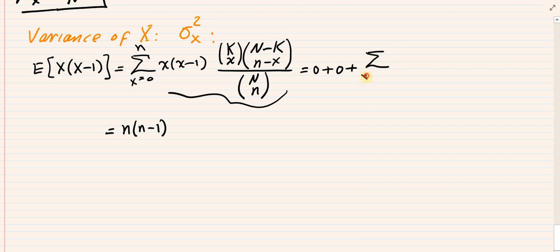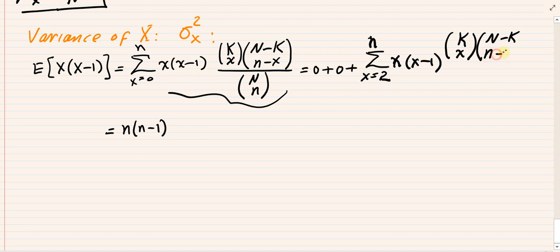So this is like x equals 2 to n, right? 2 to n of x minus 1, and then the combinatoric stuff, N minus k choose n minus x divided by N choose n, right?